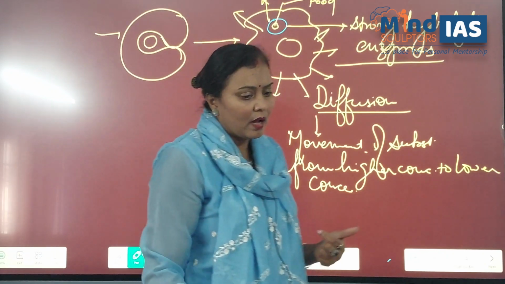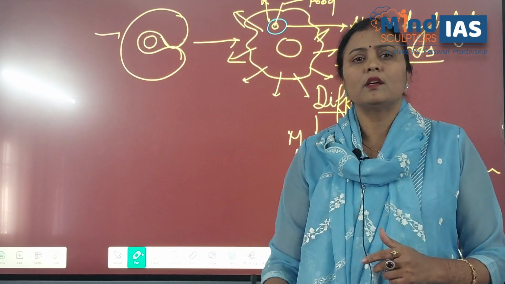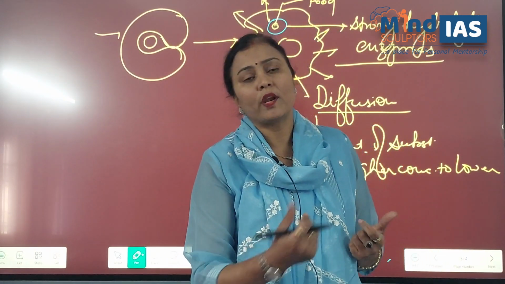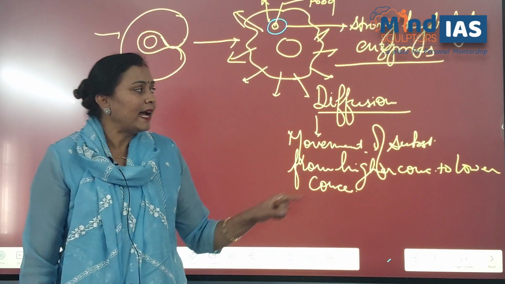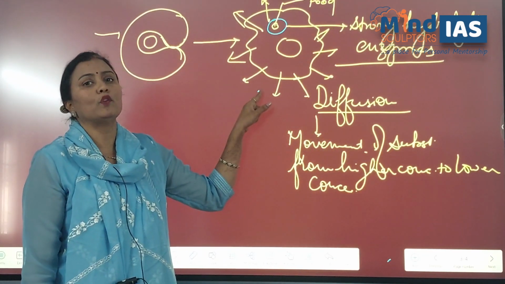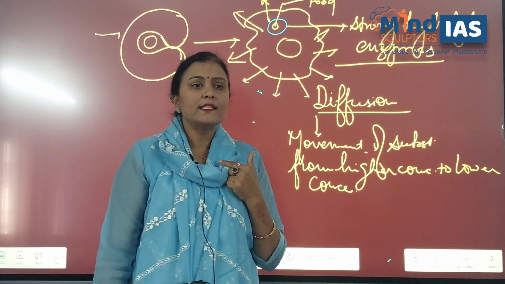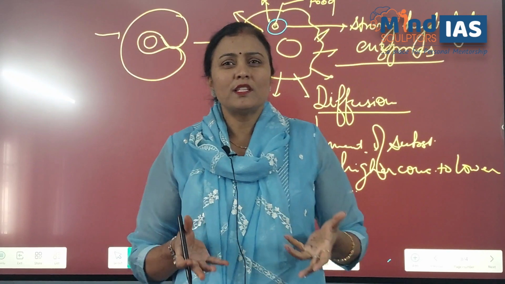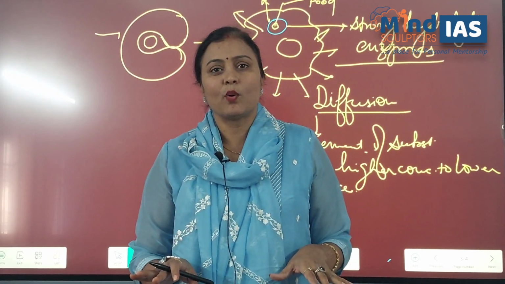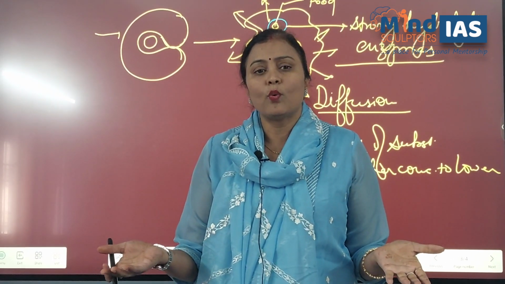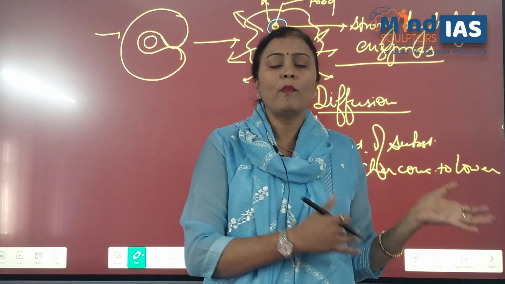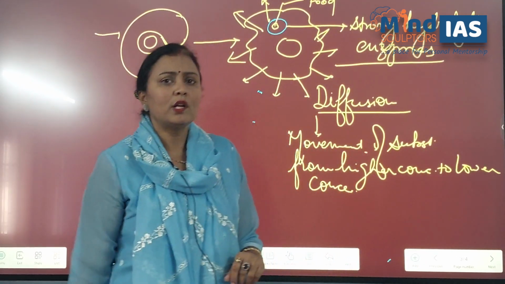Now a question will come, in some form or the other, in your examination also. We are multicellular organisms, human beings, and this process is so easy, no complex thing is required, only the concentration difference, where things move from higher concentration to lower concentration.